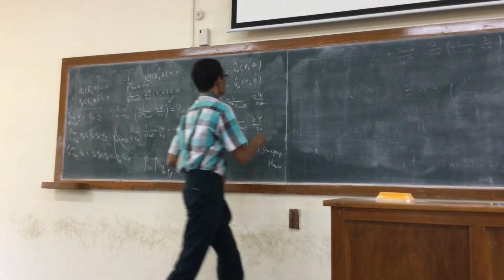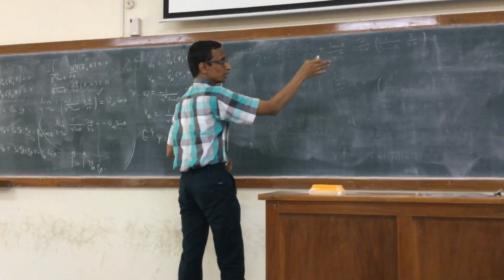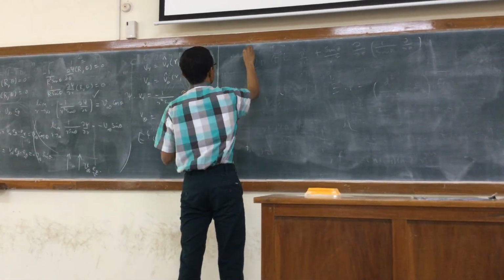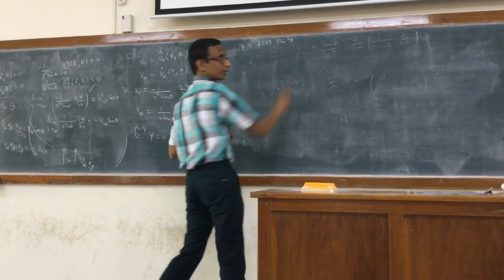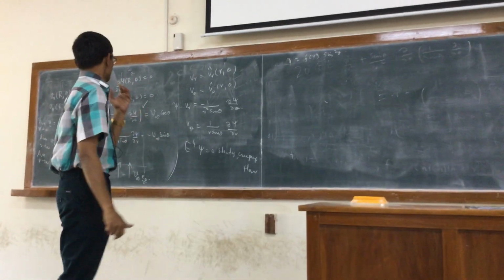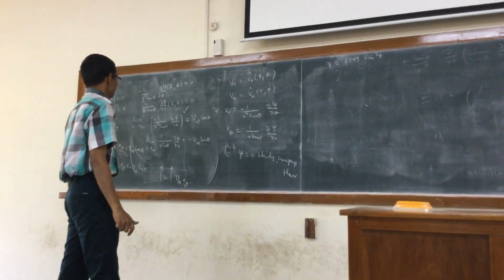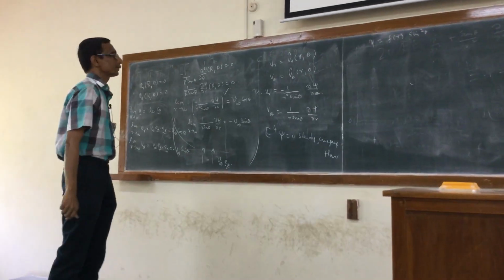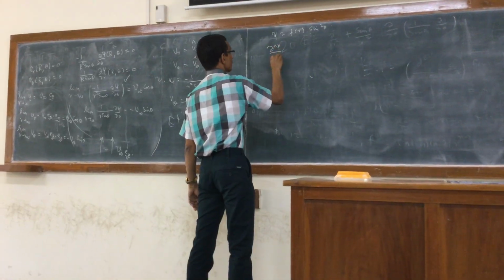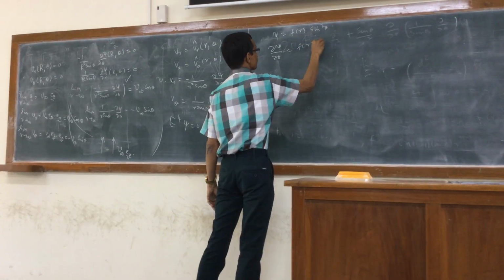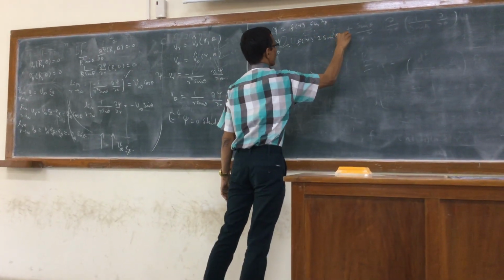So psi is f of r times sin squared theta, where f of r is given like that. So d psi by d theta is f of r times 2 sin theta cos theta.